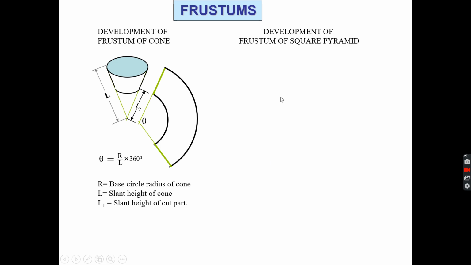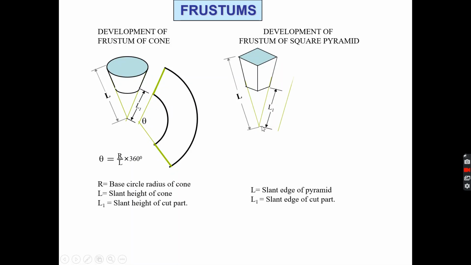The same way, you first have to complete the other part of the square pyramid. This is your length L and this is your length L1. So you can easily now complete the development of the square pyramid like this.